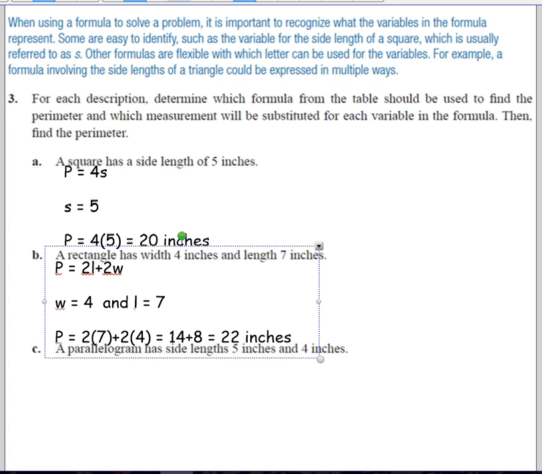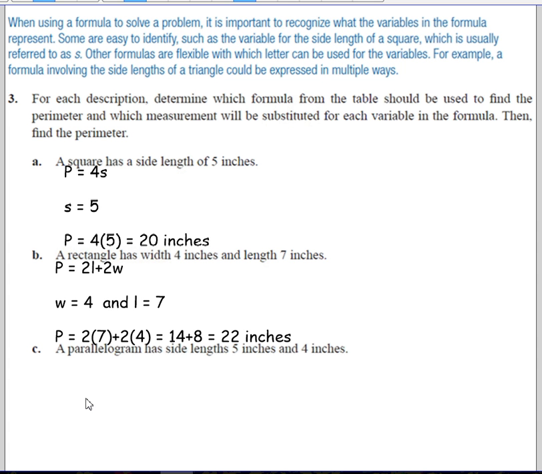A parallelogram has side lengths of 5 inches and 4 inches. In this case, we can vary it up a little bit.